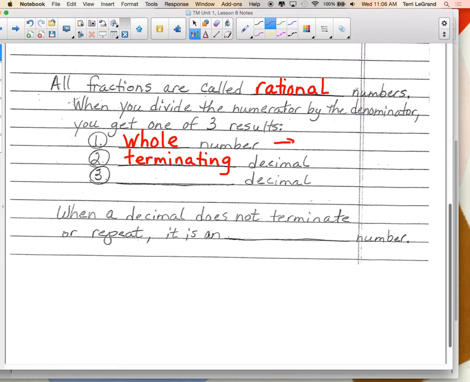Let's put an example here for this one. Example, let's do the 4 over 2. Because that equals 2, right? Anybody got an example of one that terminates as it's a decimal and it stops? You would never have keep going on and have a repeating pattern. No ideas?